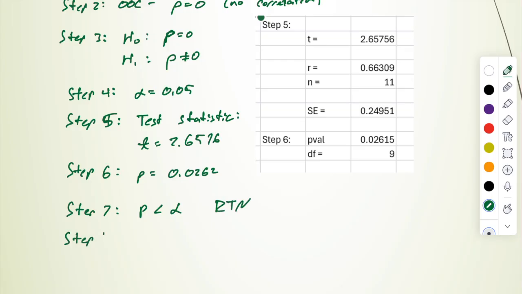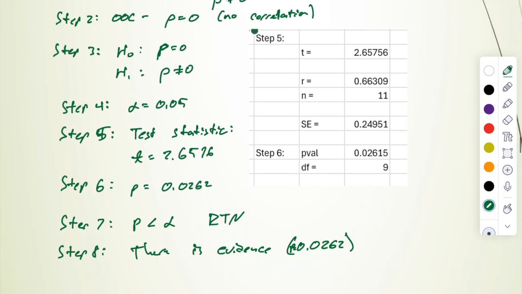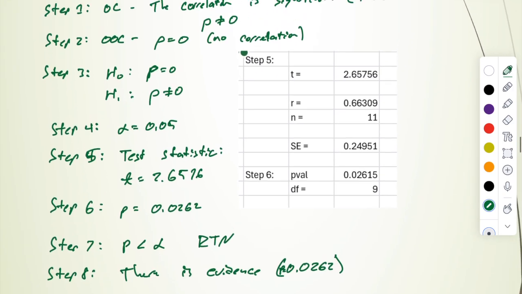So step 8 then is there is evidence. What's that evidence? The evidence is p equals 0.0262, and the null hypothesis contains the opposite of the original claim.